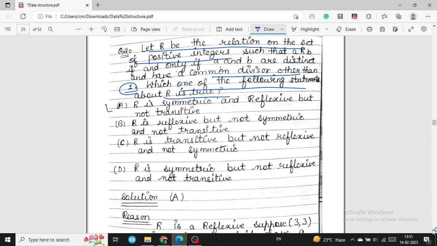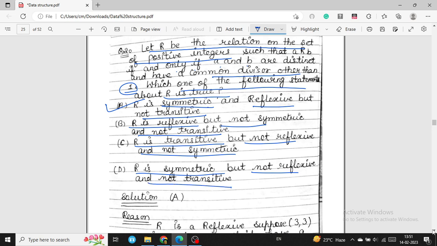Here the answer is the first one, that is true. Why? How? The options are: R is symmetric and reflexive but not transitive; R is reflexive but not symmetric and not transitive; R is transitive but not reflexive and not symmetric; R is symmetric but not reflexive and not transitive.